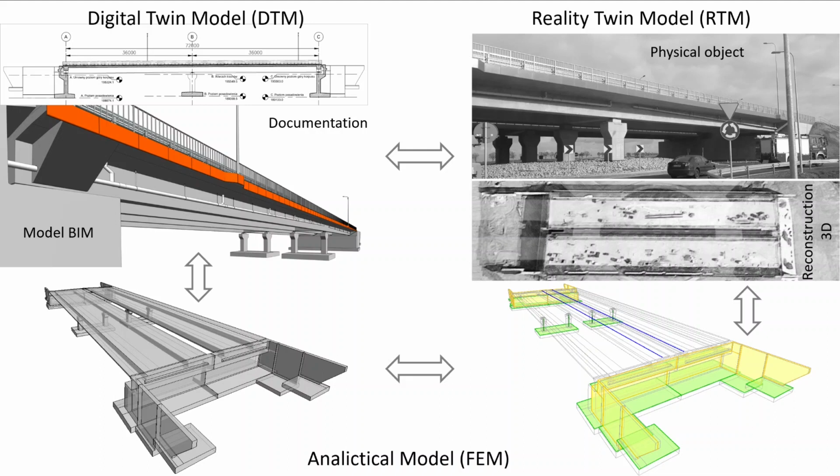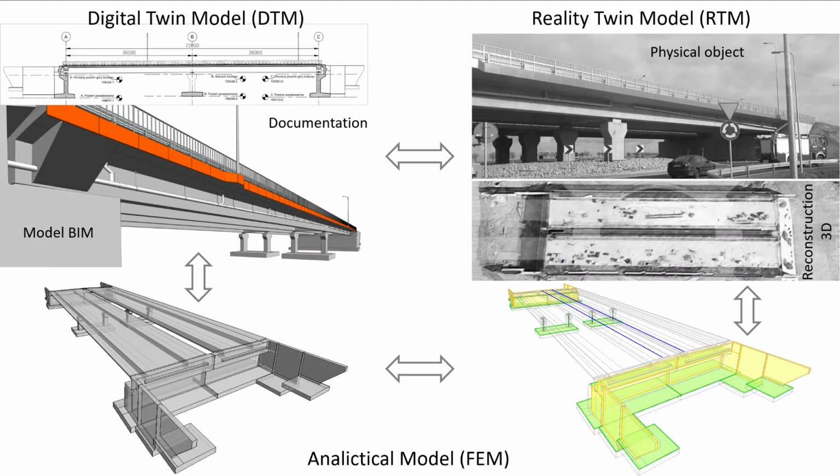This model is called a reality twin model because thanks to the cyclical repetition of the reconstruction procedure, it is possible to capture the current state of the 3D geometry of the structure and the properties of the surface structure of the components of the object, the bridge.